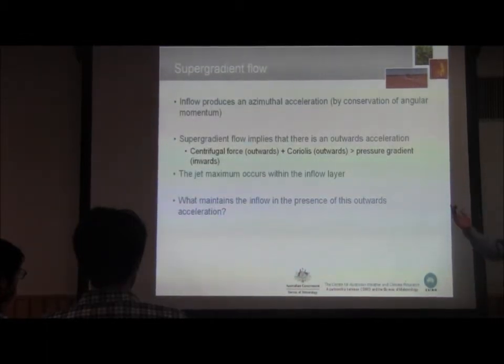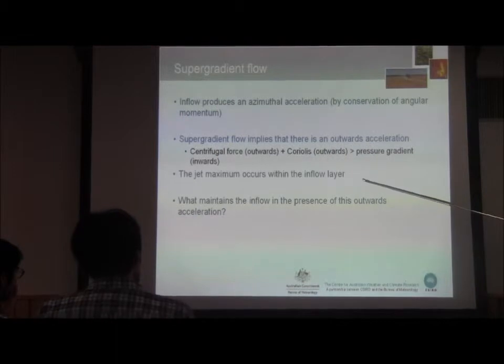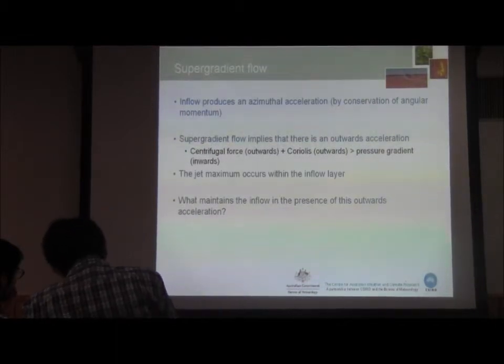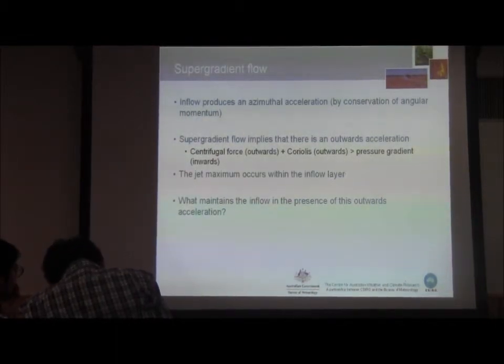So what would normally happen with that supergradient flow is you get an outwards acceleration and the flow should start moving out. And as the flow moves outwards, of course, by conservation of angular momentum, it's going to slow down. So the key to understanding the supergradient flow is that the supergradient flow maximum occurs within the inflow layer. Because it's supergradient, there is an outwards acceleration.